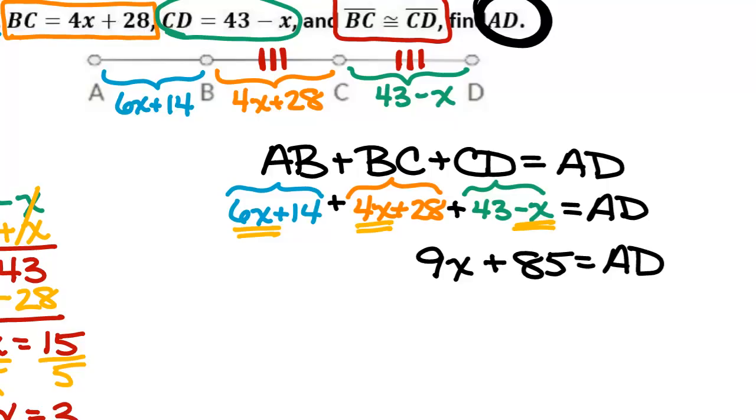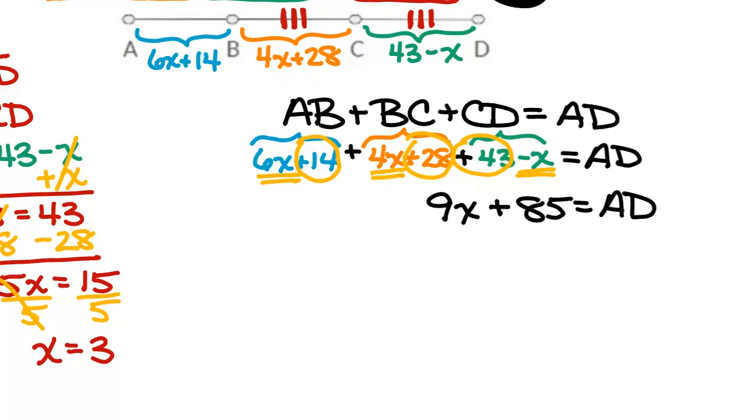All right, now that we have those like terms all combined together, the 14, the 28, and the 43, now we can take our value for x and substitute it in. So I have 9 times 3 plus 85.